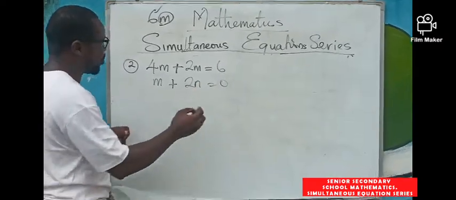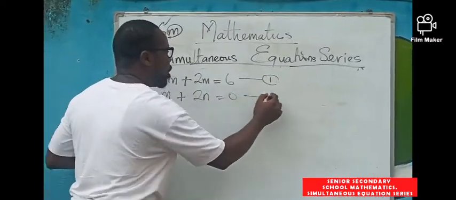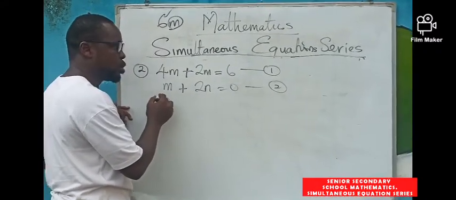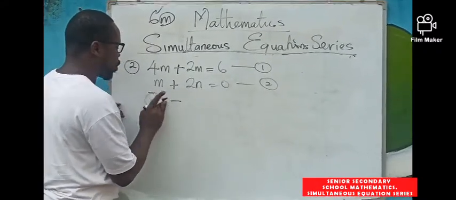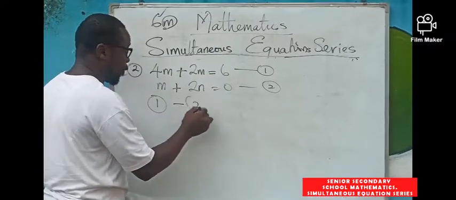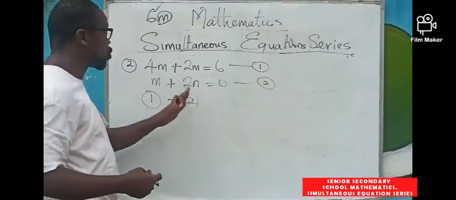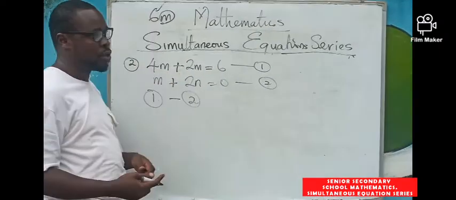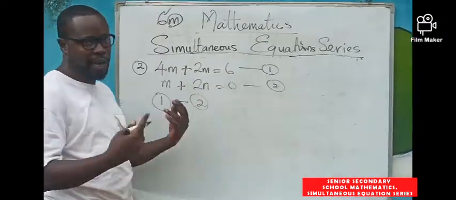So in this case, I can simply say this is my equation 1, this is my equation 2. So I can say equation 1 minus 2. Of course, any one you choose, 2 minus 1, 1 minus 2 will give you the same answer. If you solve it carefully, you will definitely get the same answer.